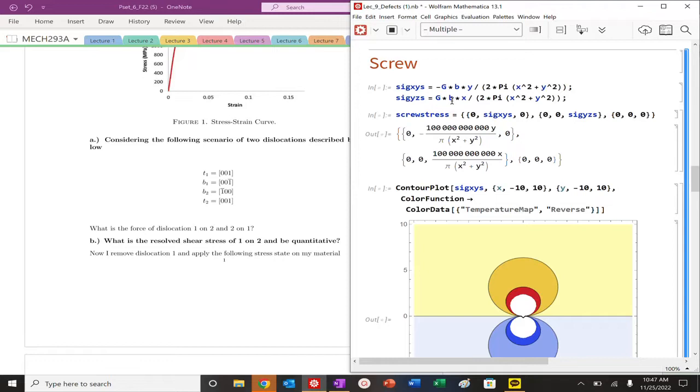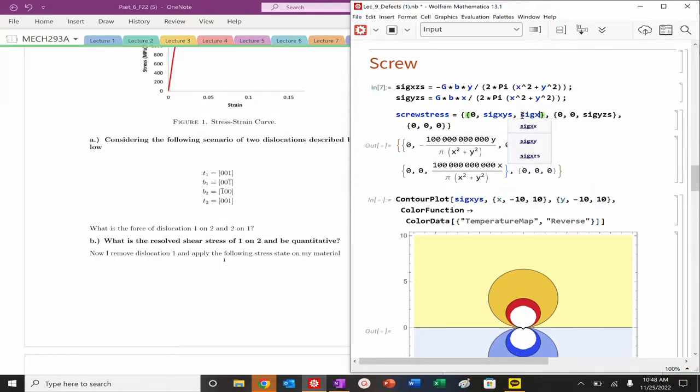And additionally, we know for our screw, XY should actually be XZ. I'm going to change that right now. XZ, XZ, and then XYZ here and here. And for our screw stress, again, it's going to be sigma XZ S, and then we'll get those values here in just a second.